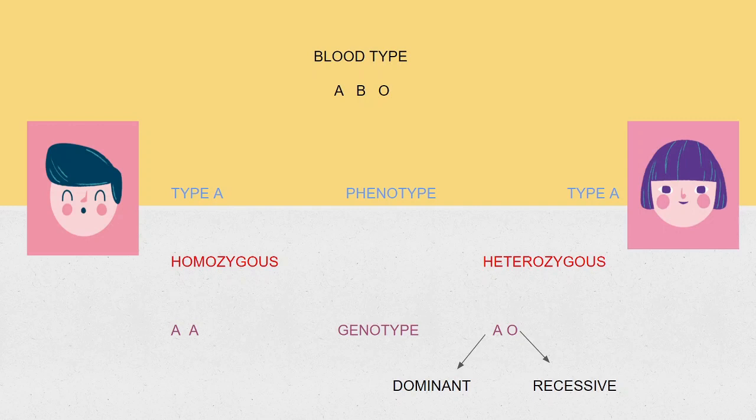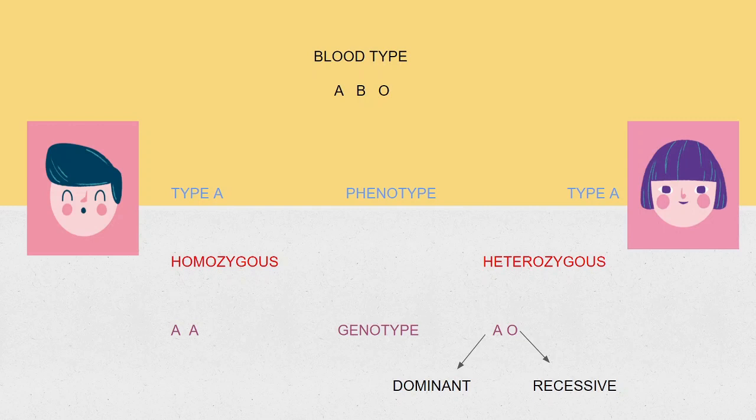I'm sure you have heard about blood types, usually named with letters like A, B and O. But what does that actually mean? Well, there are specific alleles that code for blood type.